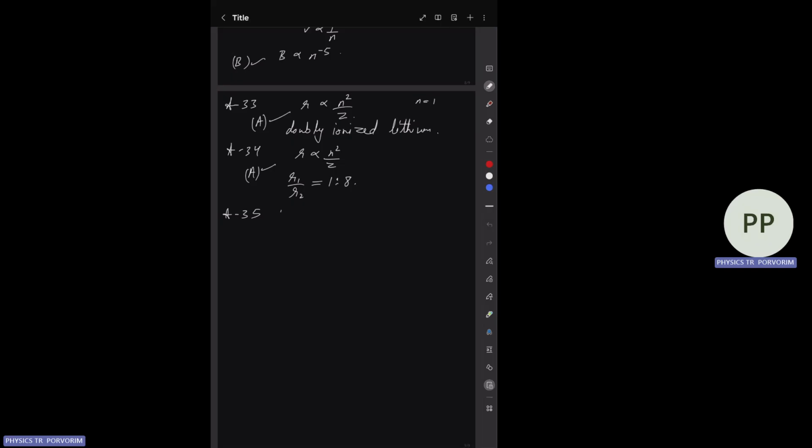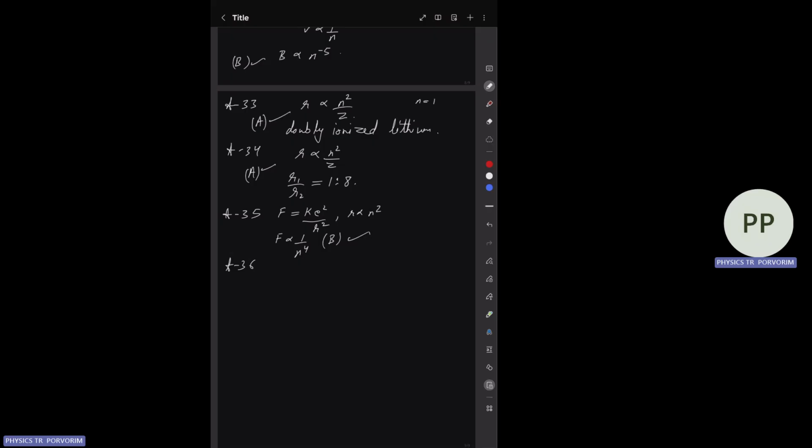We know force is given by Ke square by R square, the electrostatic force. R is proportional to n square, so we can see directly that F is inversely proportional to n to the power 4. So option B is correct here.